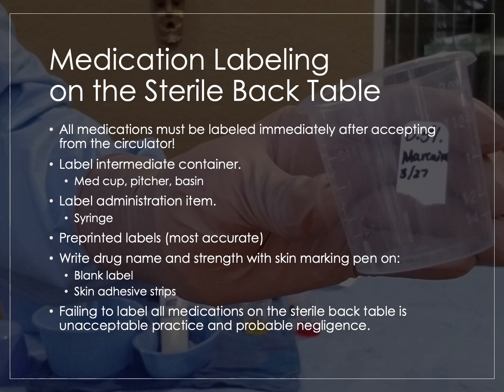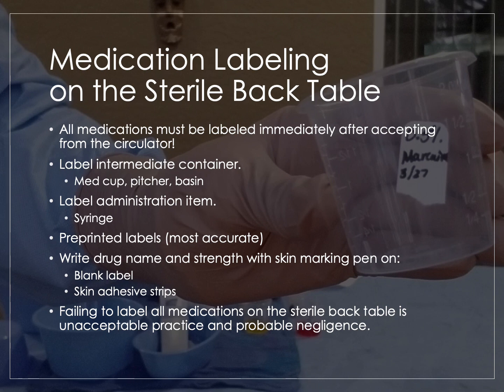So I want to make sure that we label all containers, and that applies to all holding containers. Even if you're going to receive it into one and you're going to completely draw it up into another, label all of those containers that the medication is going to touch, even intermediate storage containers, right?